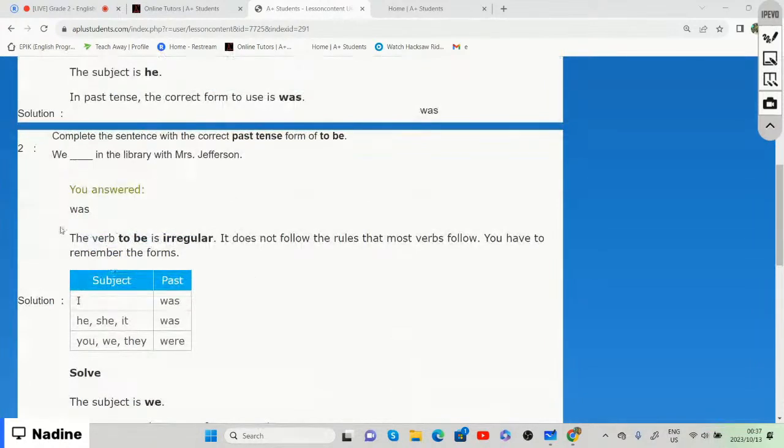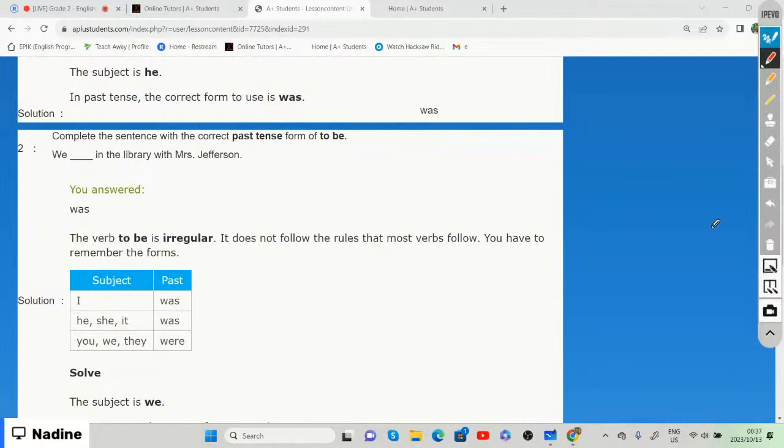All right. We now need to complete the sentence with the correct past tense form of the word to be. We. We refers to more than one person. Do we say we was or do we say we were? So we need to choose the correct past tense form of to be.